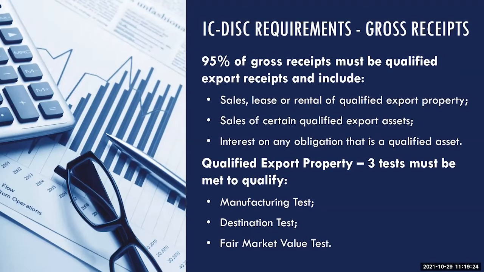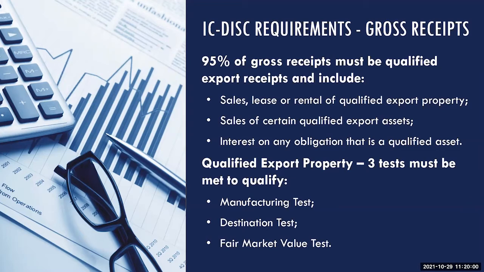So the gross receipt requirement says that 95% of the gross receipts of the IC DISC have to be qualified export receipts. The main gross receipt you'll see in an IC DISC is the commission, and that commission is calculated based on the sale of qualified export property. And qualified export property is a key term that's defined in the Treasury regs, and it's key because without qualified export property, you really can't use the IC DISC.